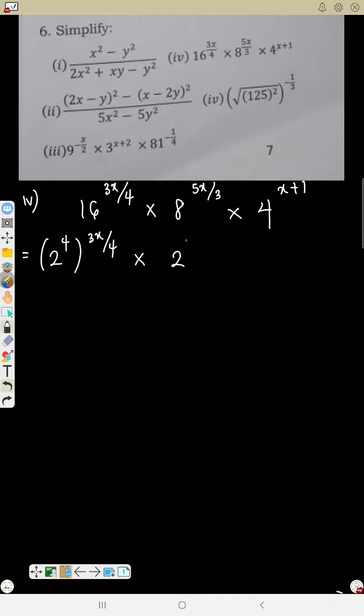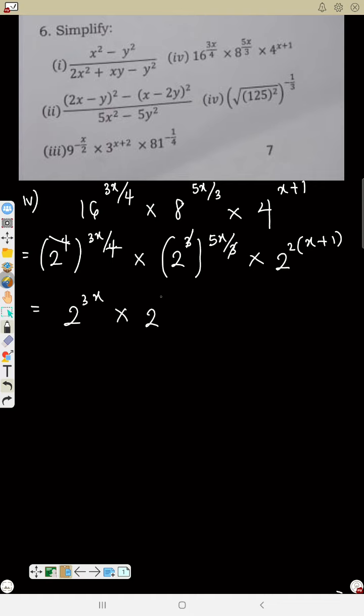So 8 is 2 raised to power 3, raised to 5x divided by 3. Then 4 is 2 raised to power 2, then raised to power x plus 1. So here 4 can cancel out 4, and this will be 2 raised to power 3x, times, 3 can cancel out 3, 2 raised to power 5x, times 2 raised to power 2x plus 2.